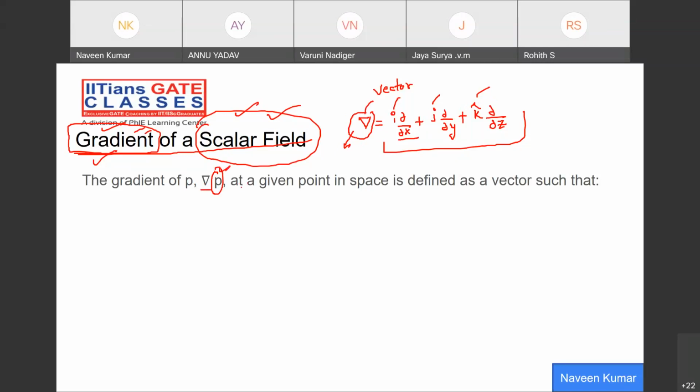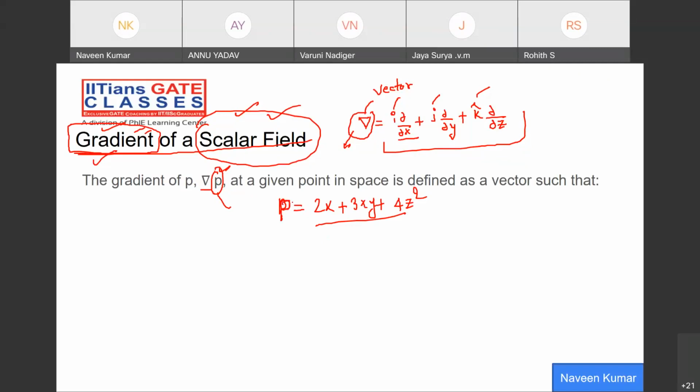Okay. If any quantity P is given to you, like P equals 2x plus 3xy plus 4z square, can you find this del P, the gradient of pressure? This is a scalar field I have given.